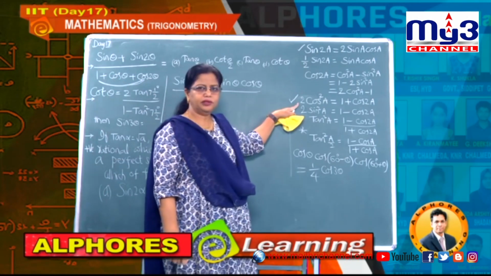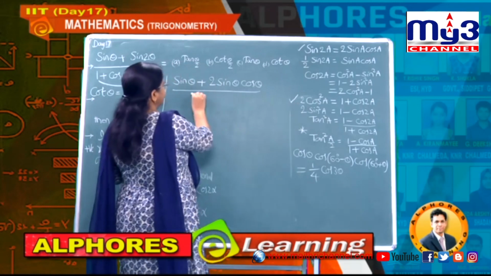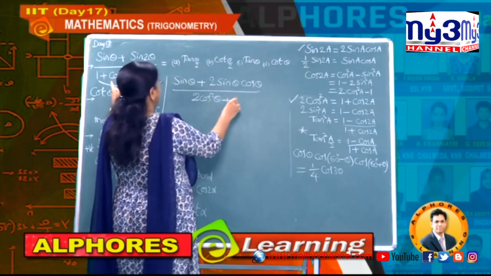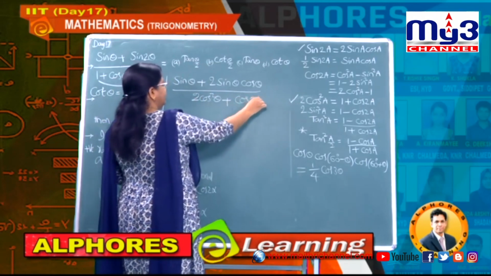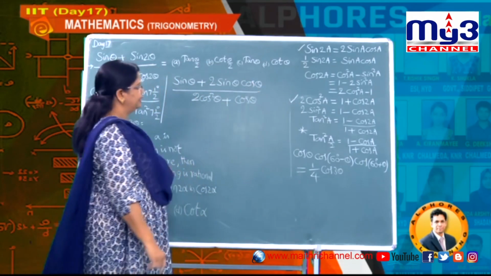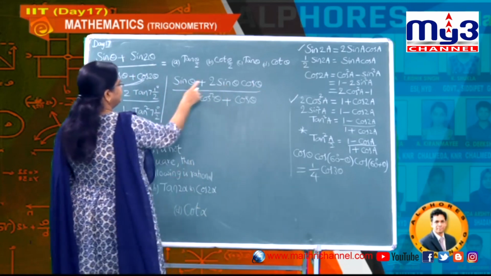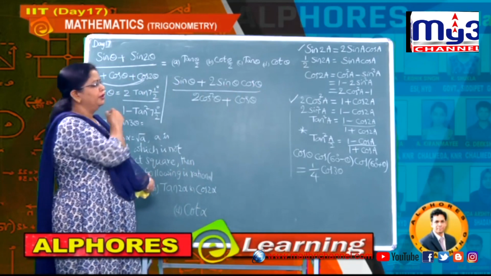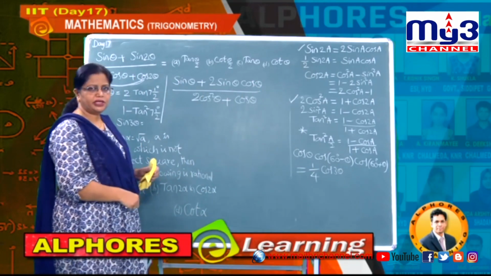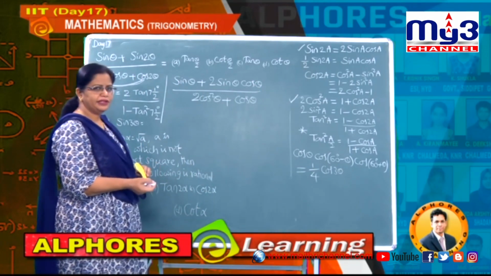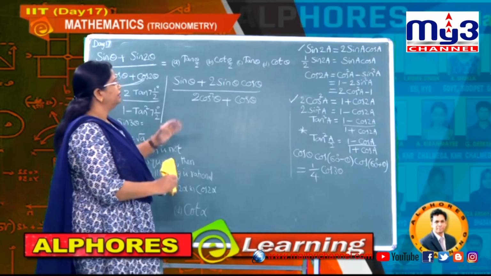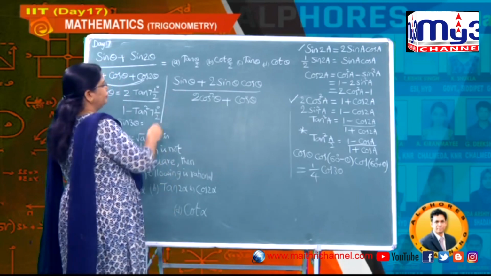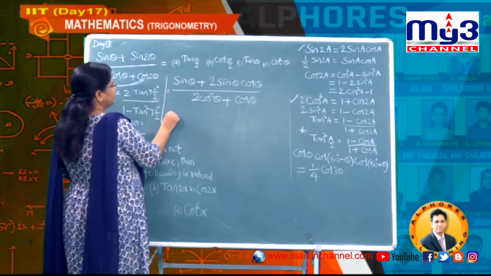You are using this formula, that is 2 cos square theta, and what is the leftover value? It is cos theta. This is the leftover value. Understand? Now from these two terms in numerator, let's take sin theta common. Whenever you are doing simplification part, always after every step you have to check whether any terms can we take common or not. So now I am taking here numerator sin theta as common.